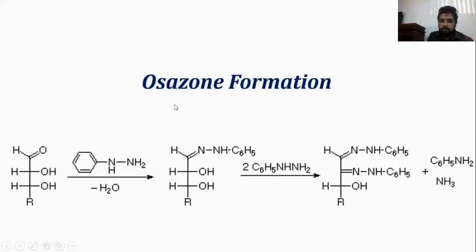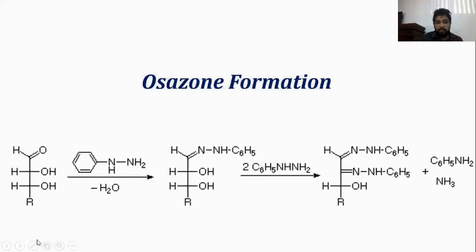Okay, then as the first step, one phenylhydrazine will bind, and another phenylhydrazine will bind here. Then this is the osazone. If this sugar is glucose, this will be named glucosazone. If this sugar is fructose, this will be called fructosazone.